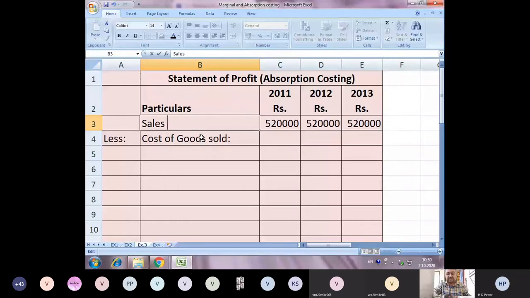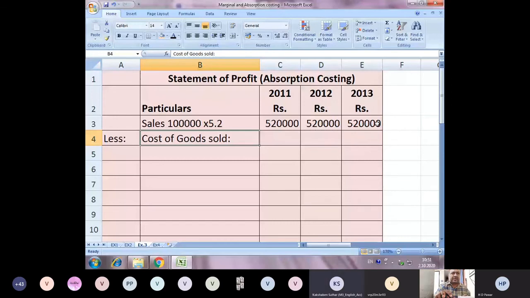And multiply by 5.2, the selling price. So 5,20,000. Got it? Okay. And cost of goods sold.